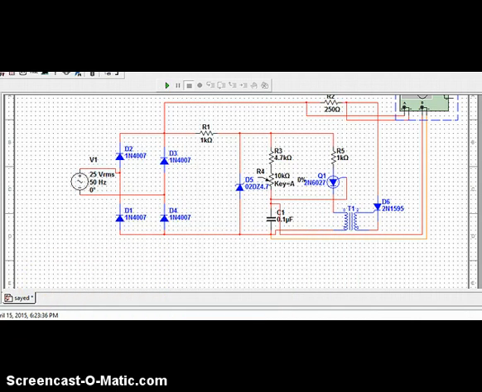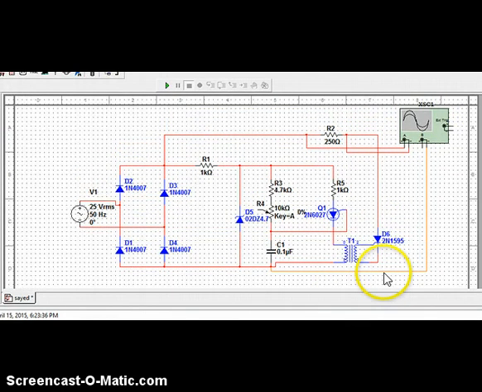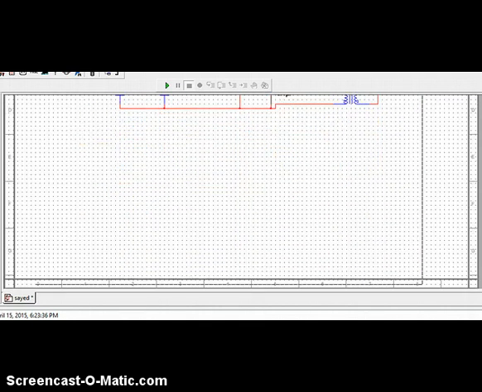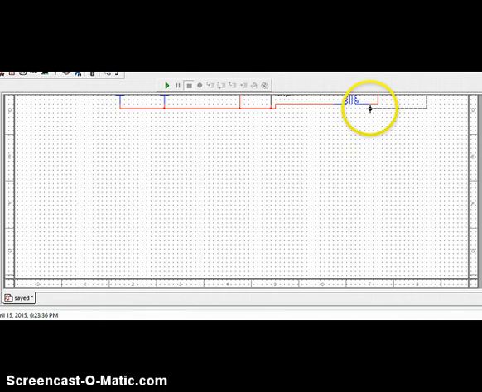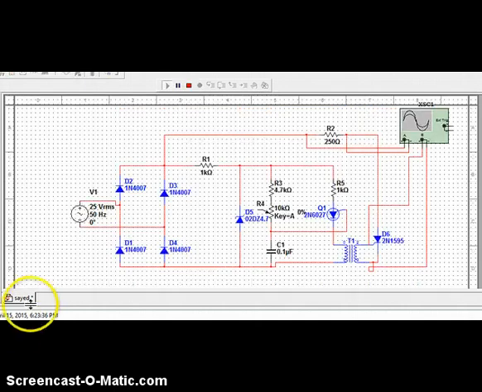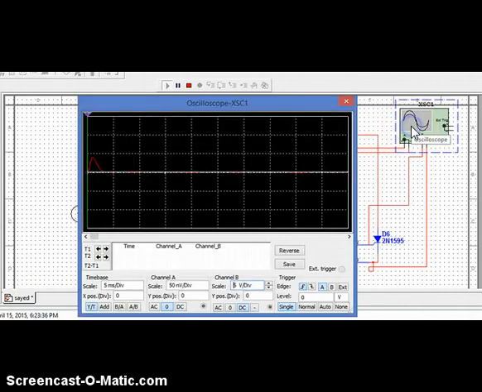Now connect channel B across the pulse transformer in order to view the voltage across pulses to trigger. This is the output of the 1:1 pulse transformer.